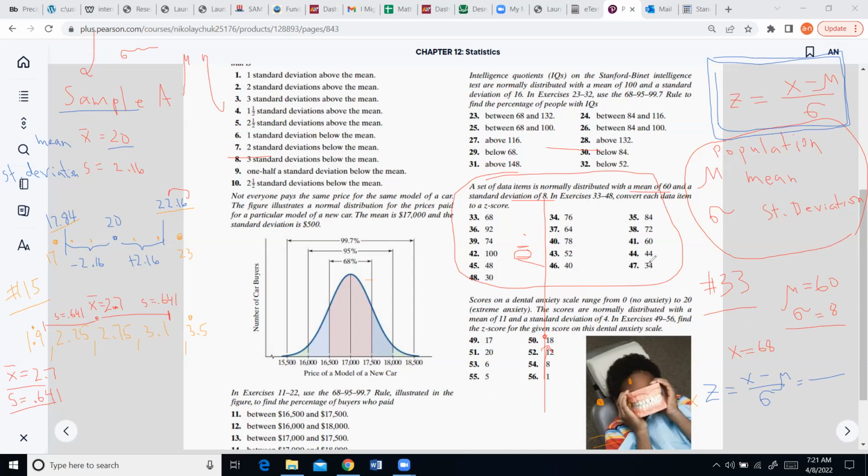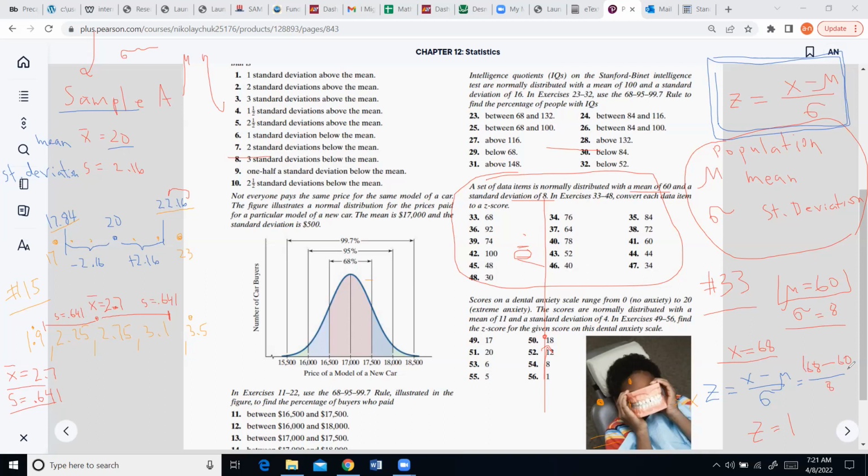So how do I do this? Well, we have 3 numbers patiently waiting for me to put them in the formula. Instead of x, I have 68, it's right here. Subtract, instead of mean, I have number 60, right? And instead of standard deviation, I get 8. So please notice that z is going to be equal to 1. I divide 8 by 8.